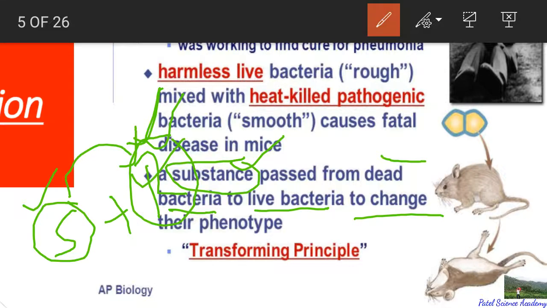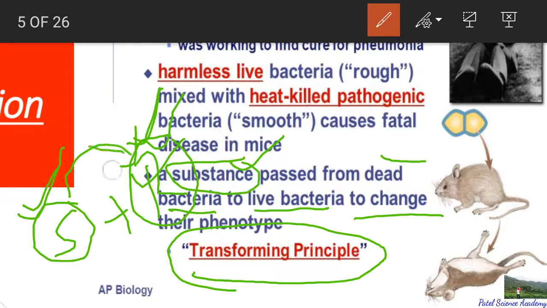So the question was, what was that substance which has been transferred from this heat killed S bacteria into R bacteria, and because of receiving that substance, R bacteria became S bacteria and caused the death. The term given by Griffith to that substance was transforming principle, and nowadays that transforming principle is DNA.